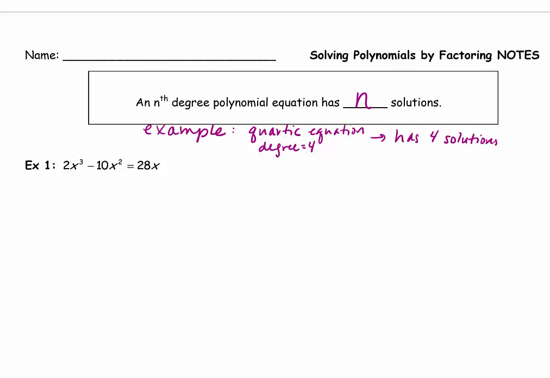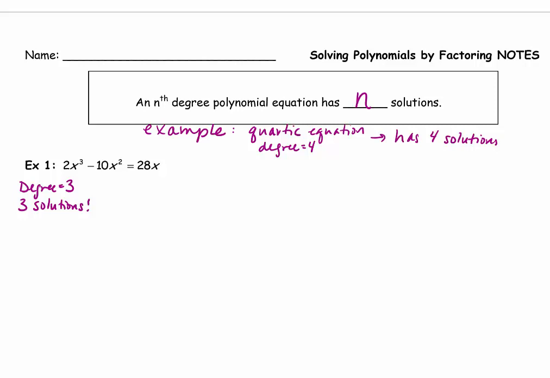So our first example, we have a cubic equation. Because this is a degree of 3, I know that this must have 3 solutions. Now it's time to find them. We're going to solve these by factoring.